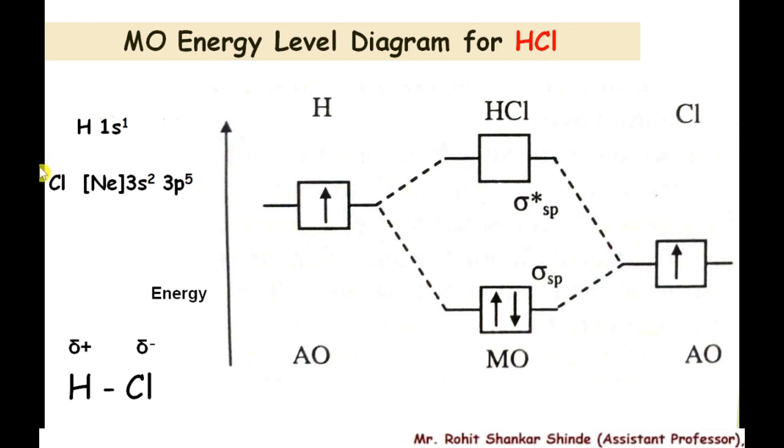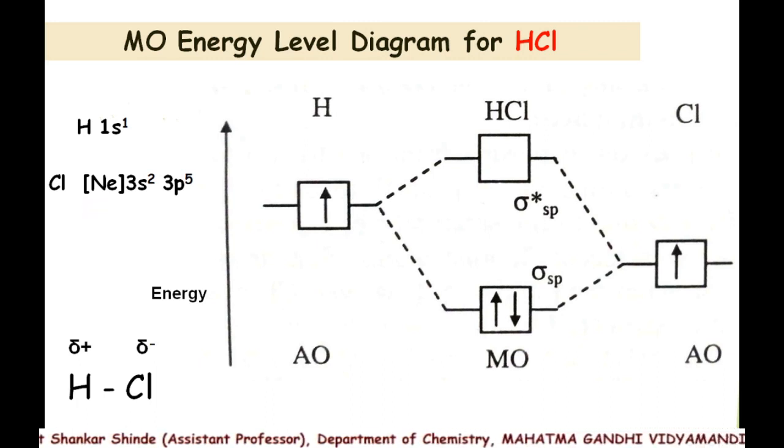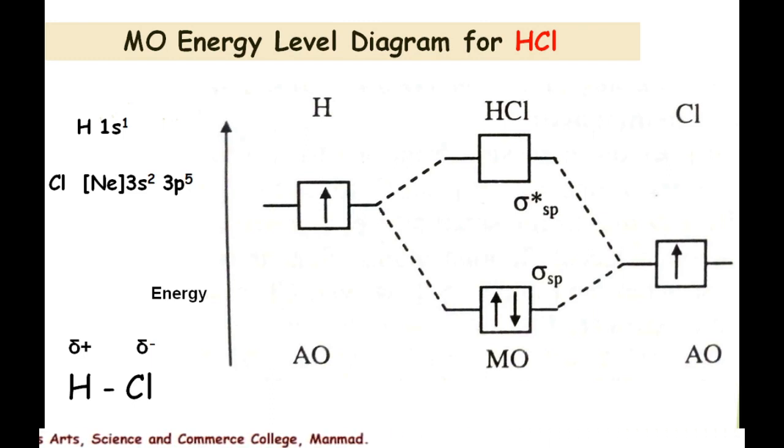However, for chlorine atom, for 1s2 electron we write K. For the 2s2 and 2p6 electrons we write capital L, and we neglect 3s2, 3py2 and 3pz2 electrons of chlorine atom.